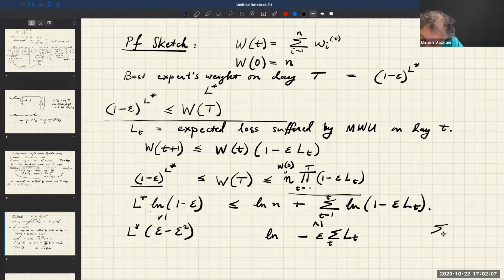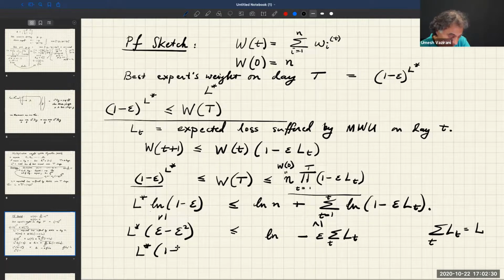But the summation of L sub t was the expected loss on day t. This is the total expected loss suffered by the multiplicative weight update algorithm. Okay, so what we end up with is L star times, oh sorry, this is epsilon plus epsilon squared.